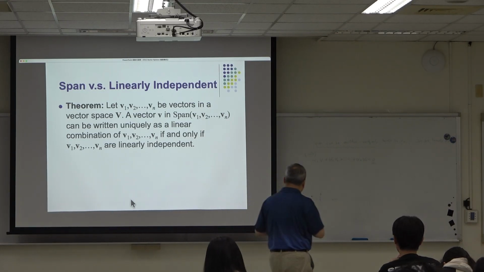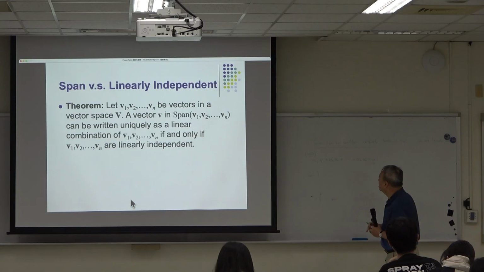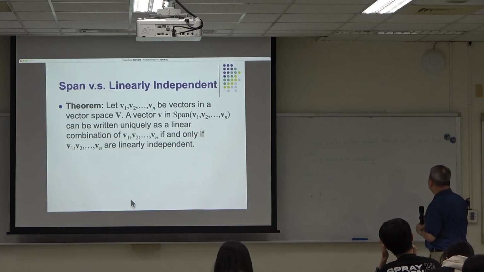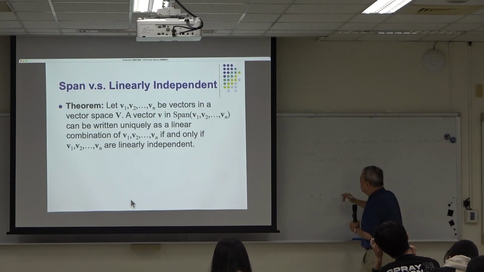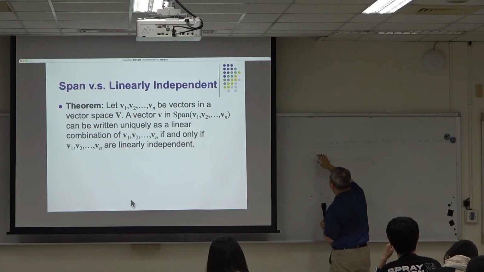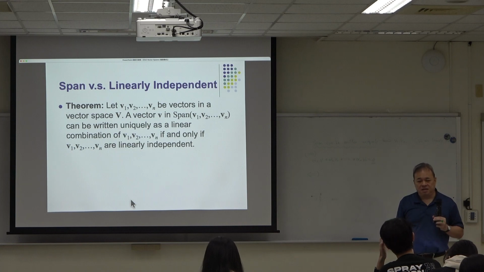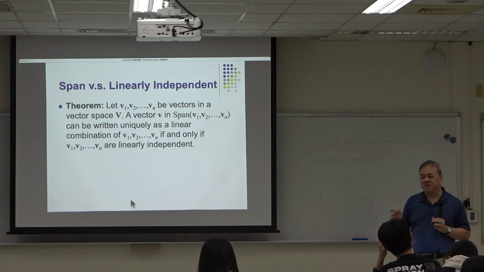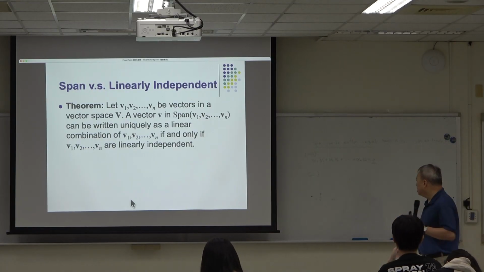So now, okay, let's discuss the other way around. So we know V1 to Vn are linearly independent, and we want to show any vector cannot be represented by more than one linear combination.